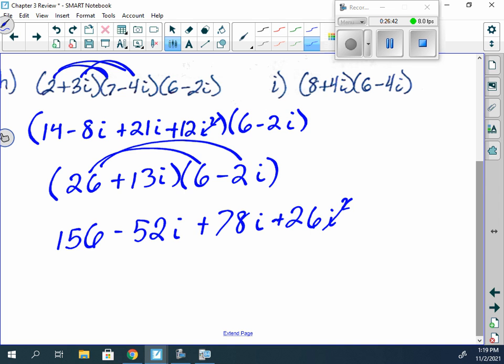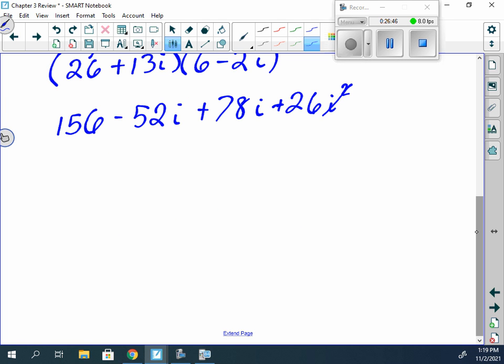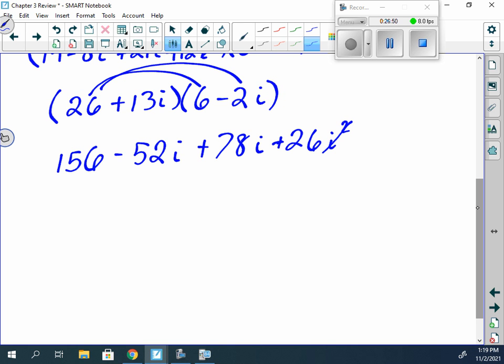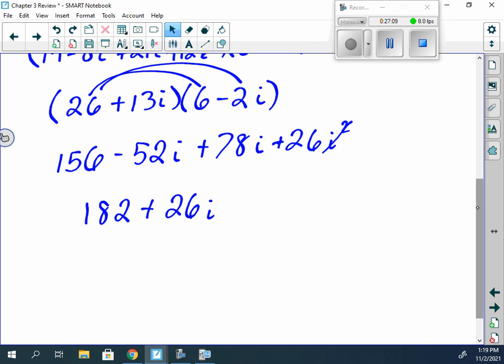Now the i squared would make that negative 26 positive because i squared is negative 1. Now 156 plus 26 is going to be 182, plus this here will be 26i. And we'd get this here.